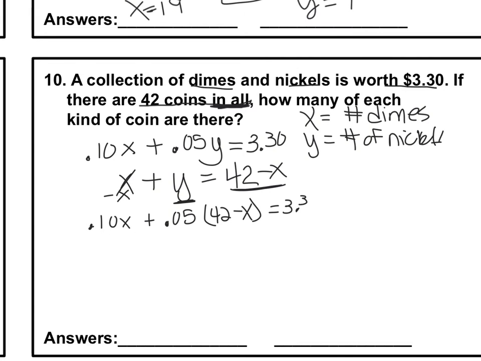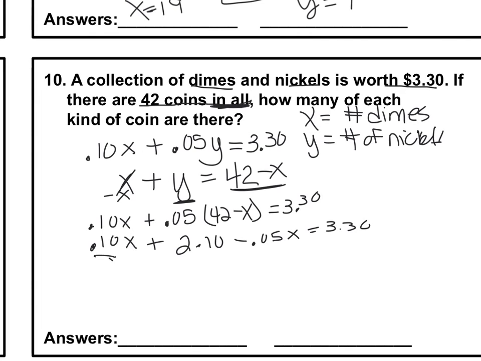And then we're going to solve for x. So 0.10x plus 0.05 times 42 minus x equals 3.30, which is 0.10x plus 2.10 minus 0.05x equals 3.30.